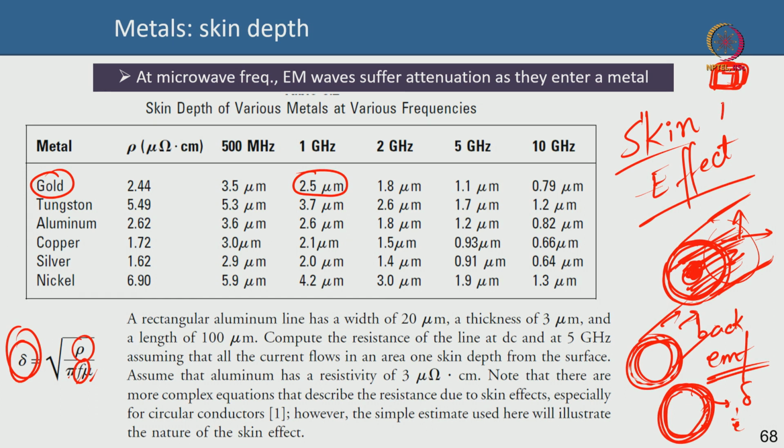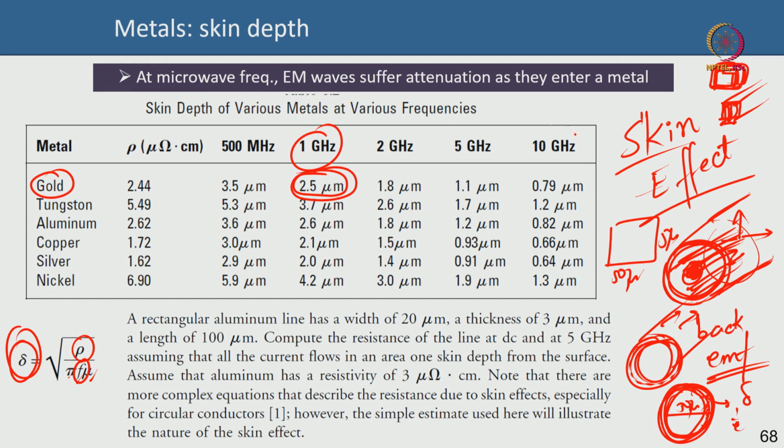So I can have a wire which is just 5 micron, that is 2.5 from this side and 2.5 from the other side, and that will carry all the current. I don't need a 50 micron by 50 micron, or a 50 micron diameter wire, to carry a 1 gigahertz signal in a gold line, because the skin depth is only 2.5 micron, so everything will go in 2.5 micron.